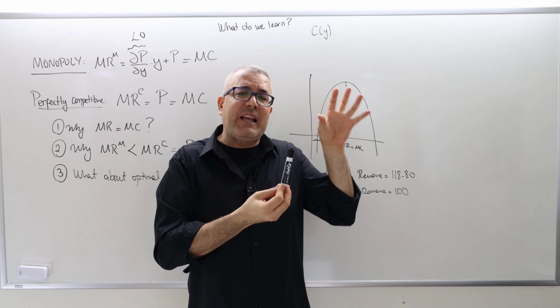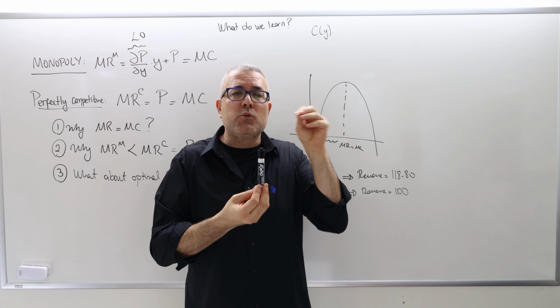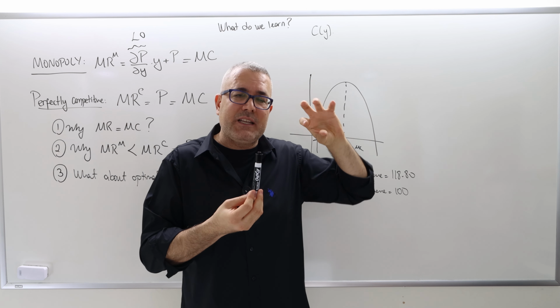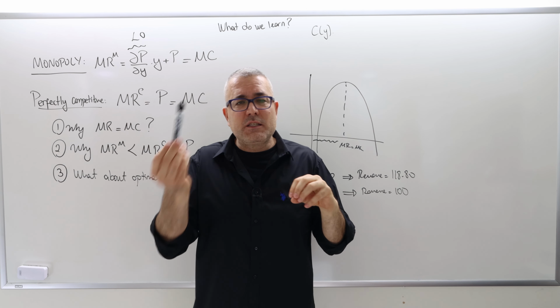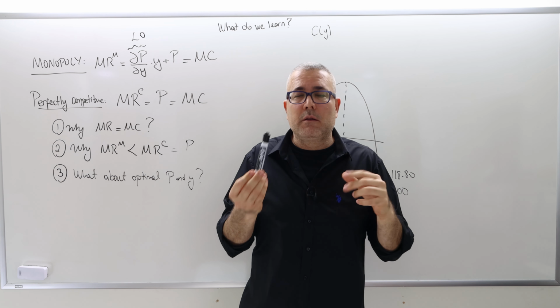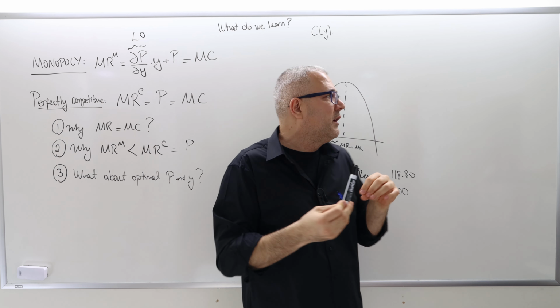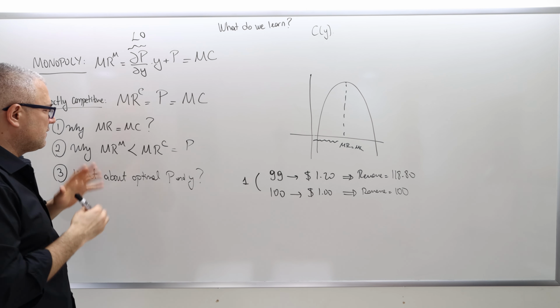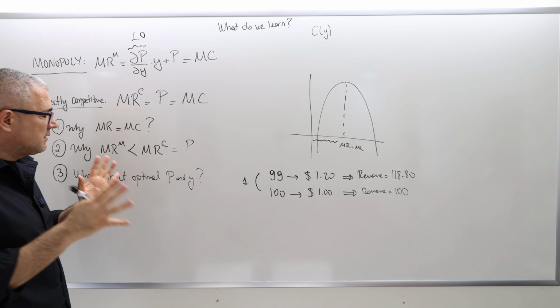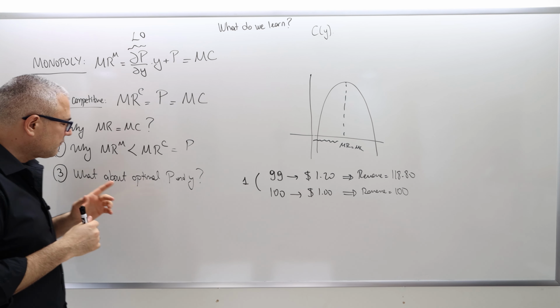And so this extra money is going to outweigh this $1, and the net marginal revenue is going to be lower than the price of that additional unit. Okay, I hope that was clearer.